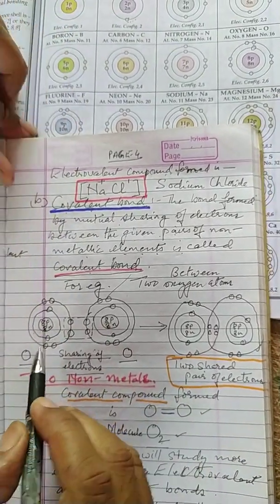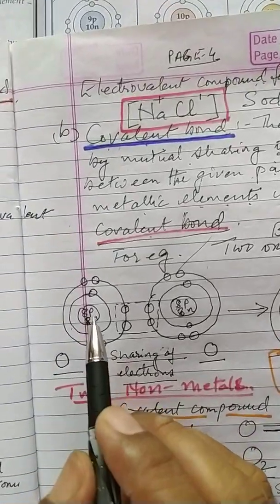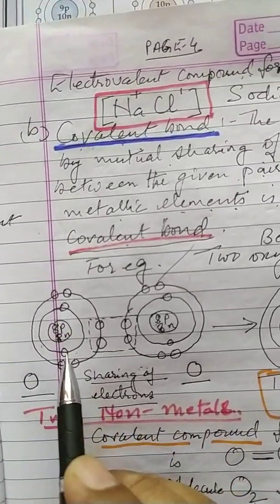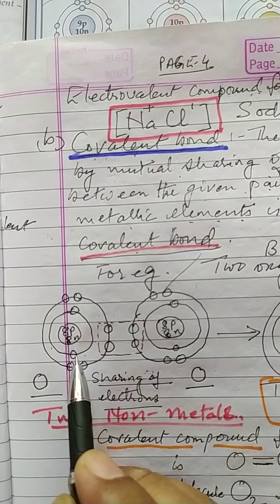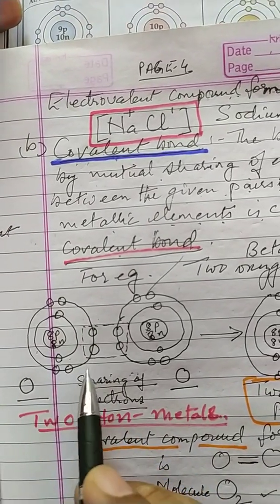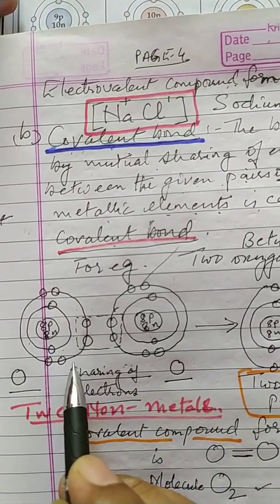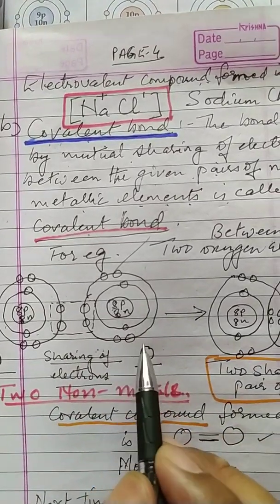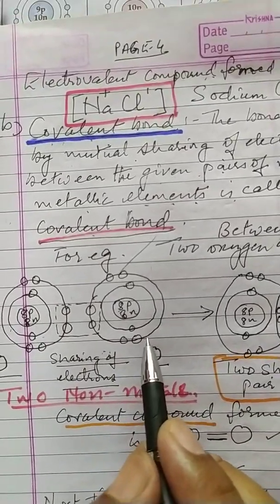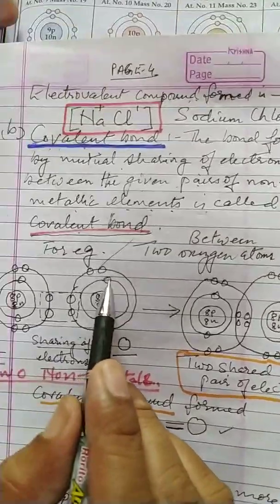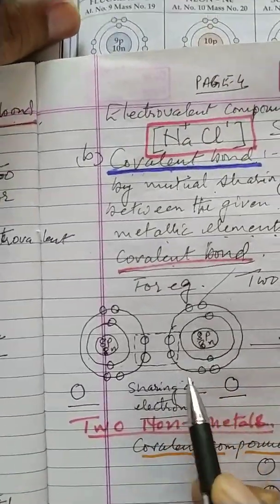And in each of these atoms, children, the electrons are distributed. 2 are distributed in the inner shell and 6 are distributed in the outer shell of oxygen. Likewise, in this oxygen non-metallic atom, we see 2 are in the inner shell and 6 are in the outer shell.